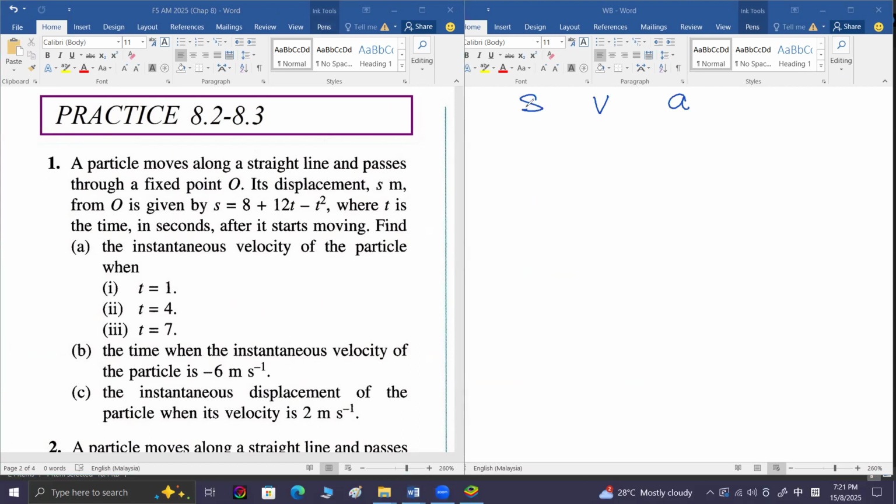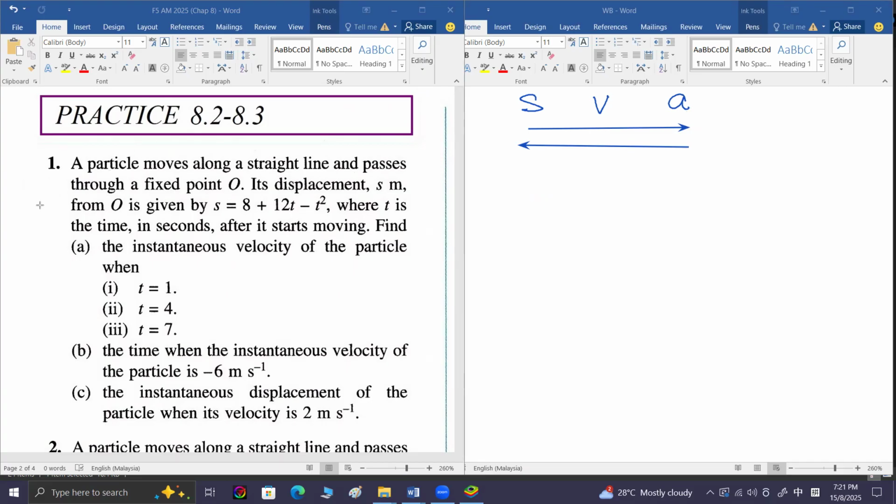S is displacement, V is velocity, A is acceleration. When you go this way, from S to V, you differentiate. From V to A, to the right arrow, you differentiate. Then vice versa, left arrow, you do integration. From left to right, differentiate. Right to left, you integrate. Okay, later I'll show you how we're going to use this one.